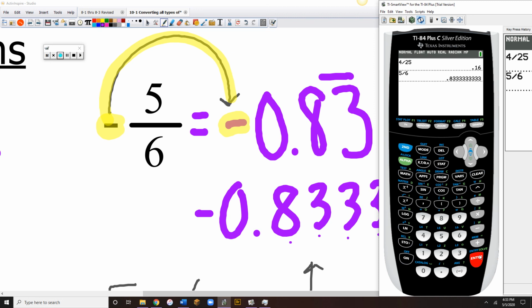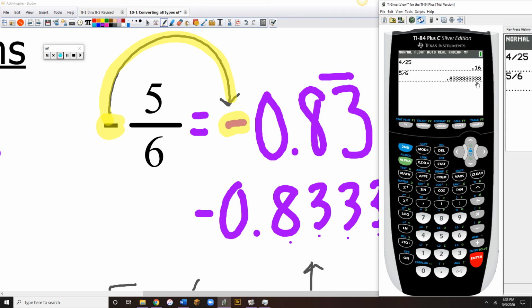Okay, and the calculator gives us our 0.83 repeating. Now, unless you're a math nerd like me, who's going on my 19th, 20th year teaching math, math major in college, and who memorizes math facts more than the average person, you're not going to be able to look at a fraction other than super simple ones and know what its decimal is.